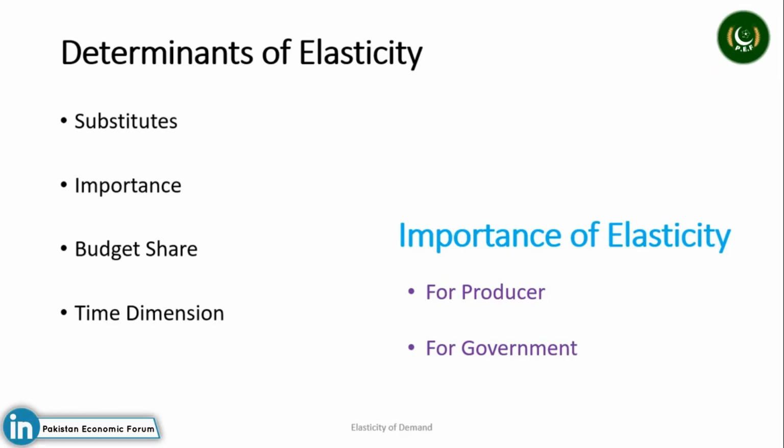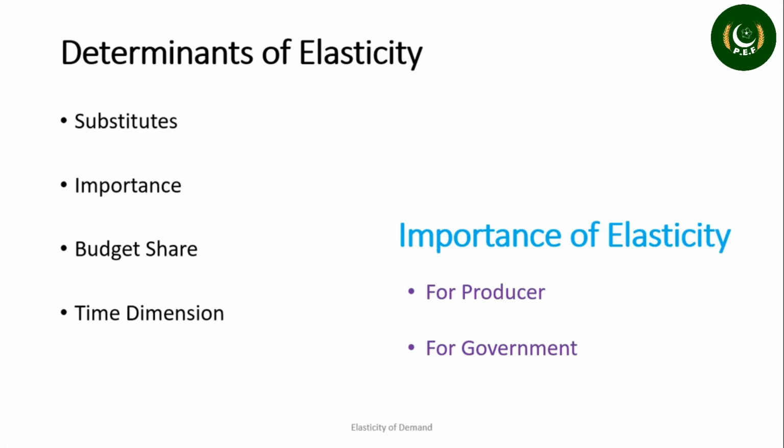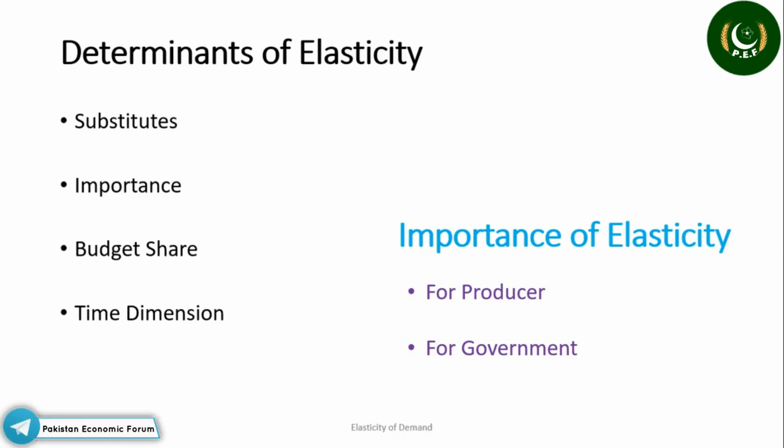Similarly, for some products which are harmful for human health or for the environment, the government uses tax keeping in view the elasticity of the product to restrict the use of that product.